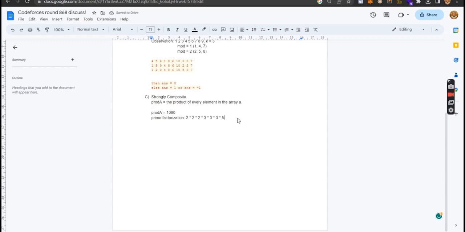So now we want to construct an array B with the same product. You can observe here that for creating a strongly composite number, you can construct a strongly composite number using these cases.